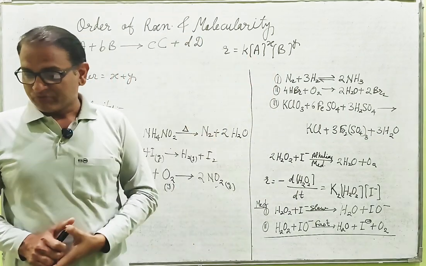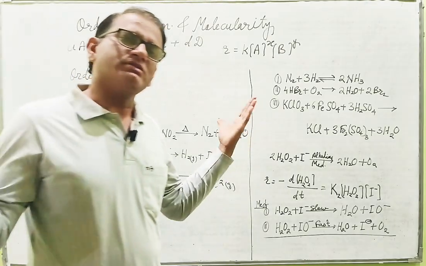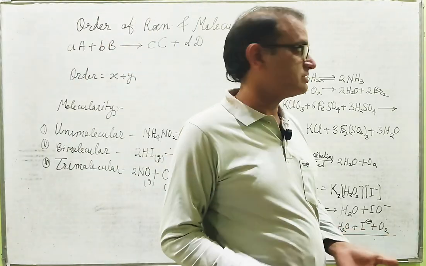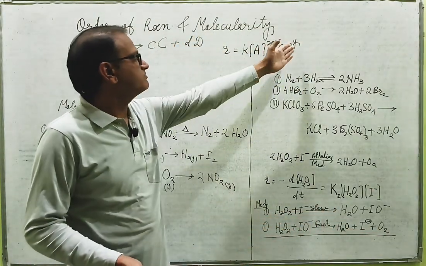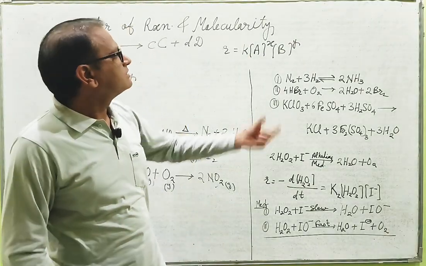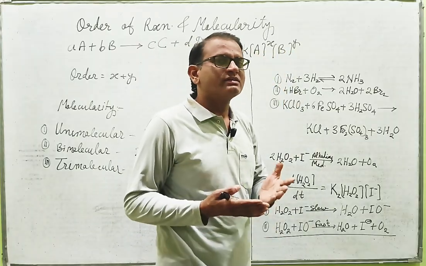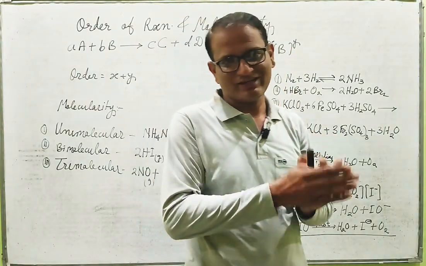Order of reaction for a particular reaction may be 0. The sum may be 0, which means the concentration of reactant does not affect the rate of reaction.